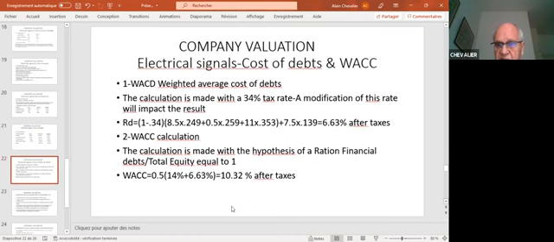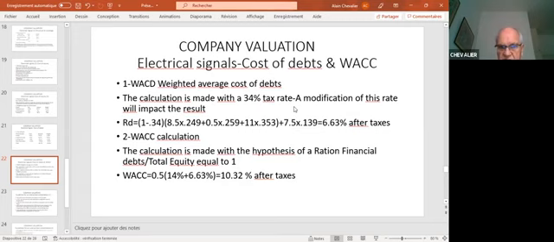Okay, so we know exactly what the amounts are, what the costs are, and what the weights are. Now, this is what we needed. Now we are able to make a global calculation of the weighted average cost of capital, and before that we are also able to make a weighted average cost of debt.